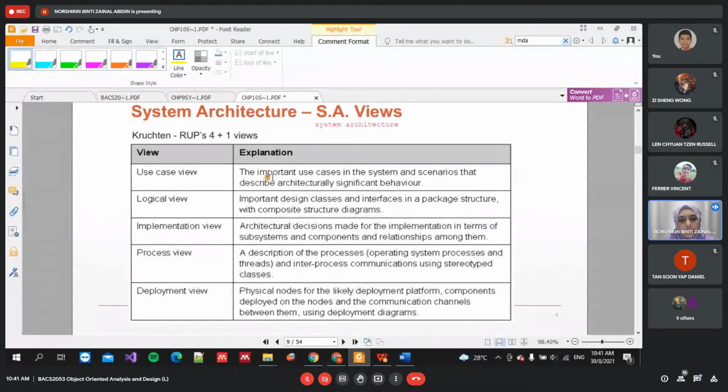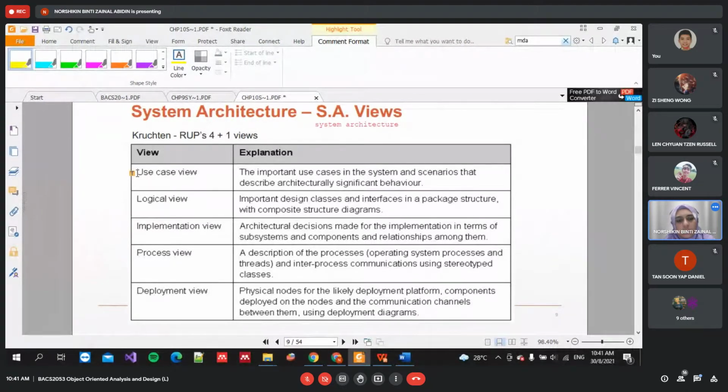Here are the important use cases in the system and scenarios that describe architecturally significant behavior. Use case usually is, I won't say the fundamentals, but the use case diagram or use case view usually is the basis of our diagram or our system architecture.